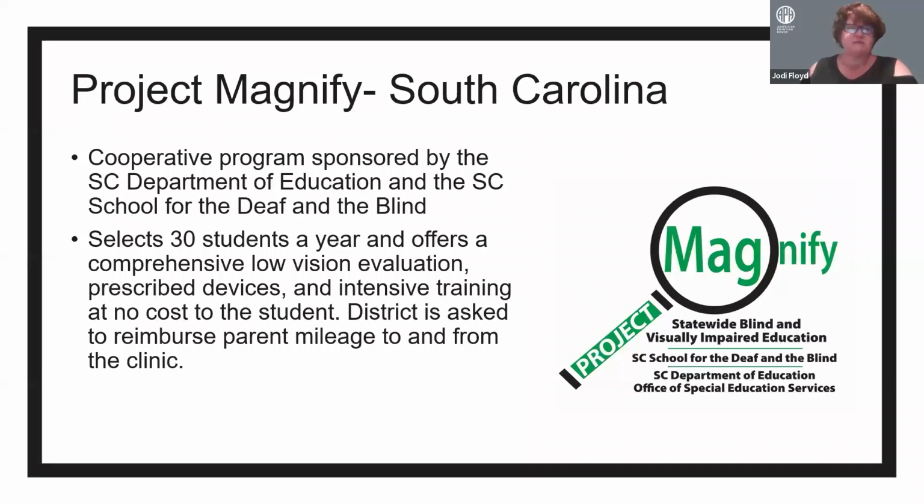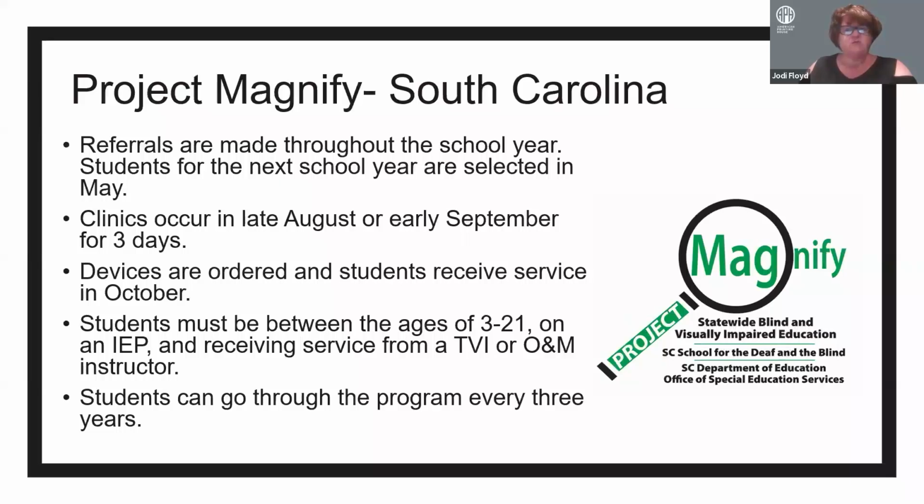So we pre-set up meetings, and the TVI and our Project Magnify individual goes in and works in tandem with the TVI and with the student on the devices that they're prescribed at clinic. Referrals can be made throughout the entire school year, but our students for next year are selected in May.